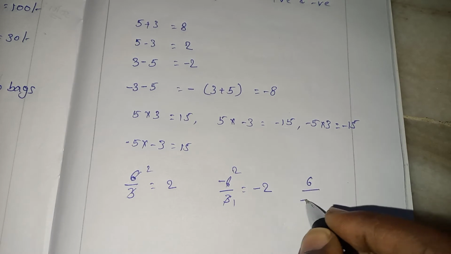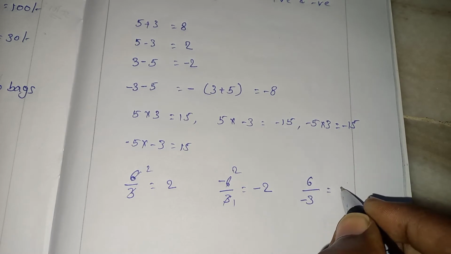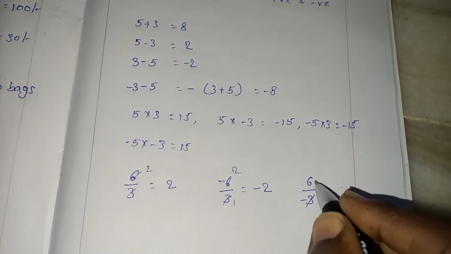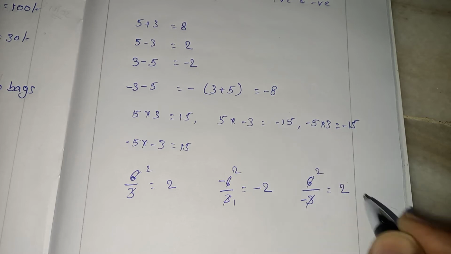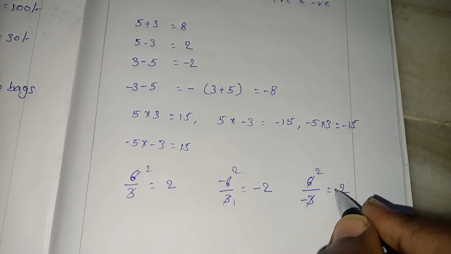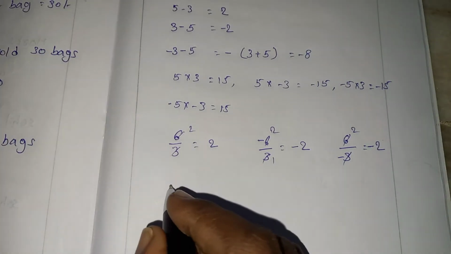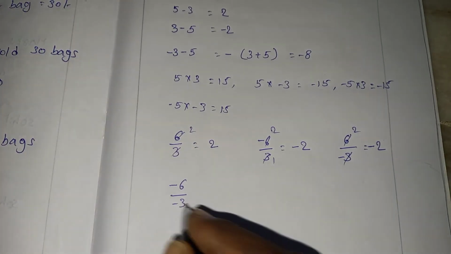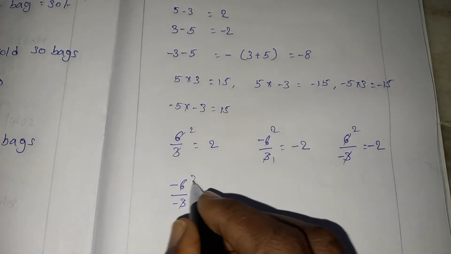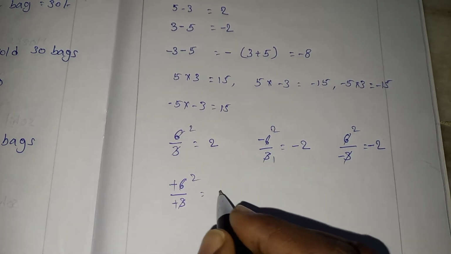If 3 is having a negative symbol, 3 twos, will you write plus 2 here? No. This minus will carry, definitely. But if both are negative, 3 twos, and minus will also get cancelled.